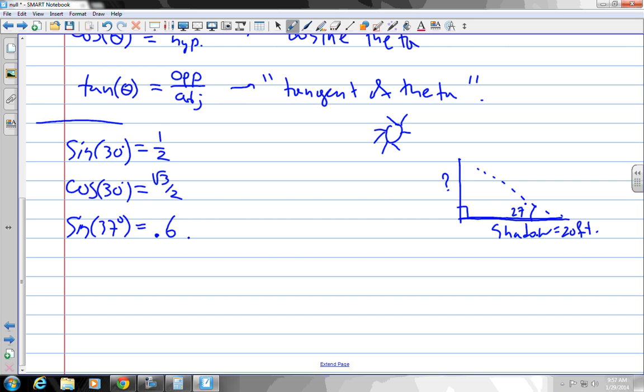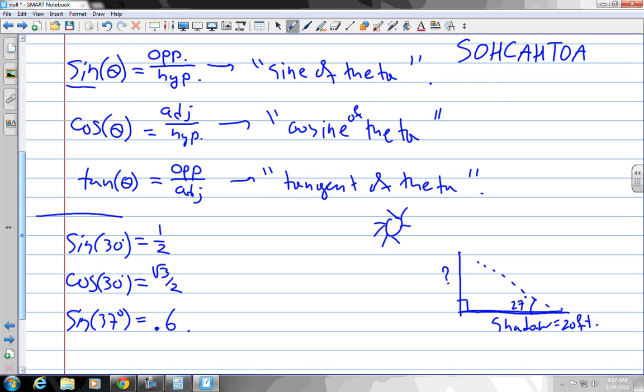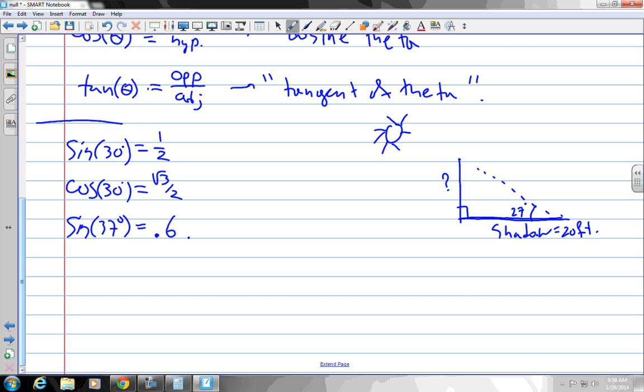With respect to this angle, you're looking at the opposite side and the adjacent side. Which trigonometric function relates opposite to adjacent? Tangent. So the tangent of 27 degrees equals whatever the opposite side is, let's call it x, divided by the adjacent side, which is 20 feet.